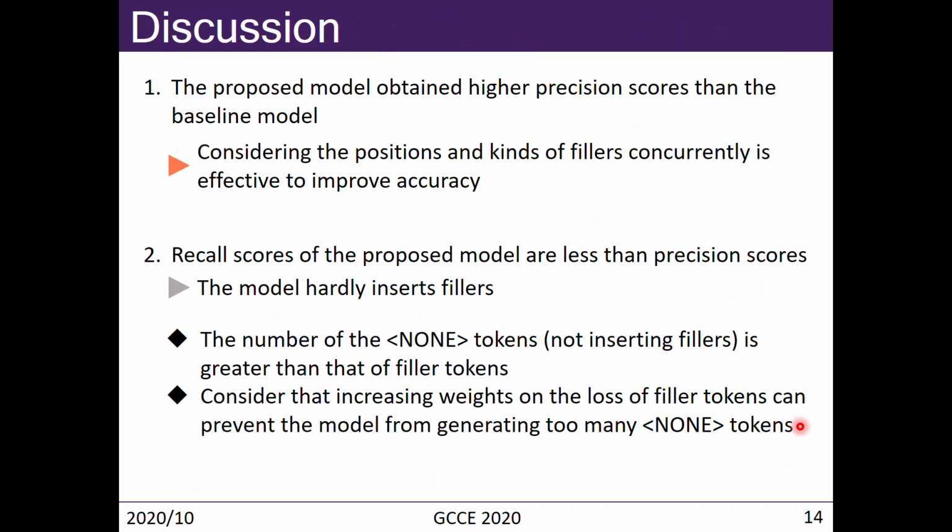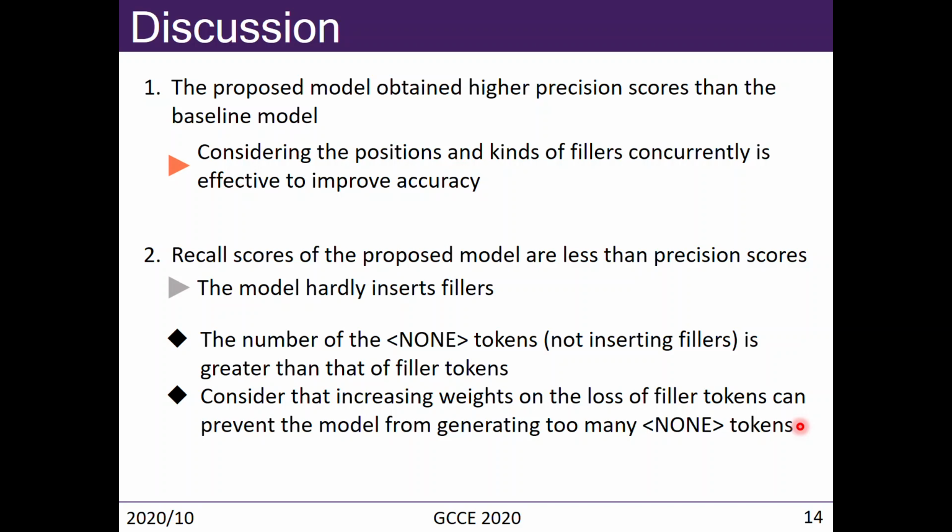I'd like to discuss the two major results. The first result suggests that considering the positions and kinds of the fillers concurrently is effective to improve accuracy. The second result indicates that the model hardly inserts fillers.